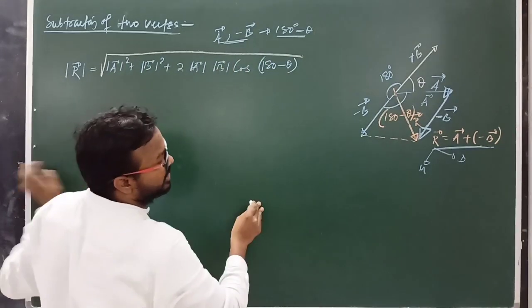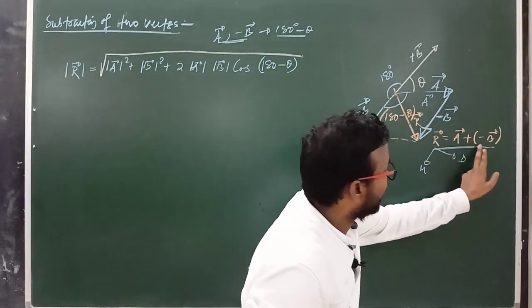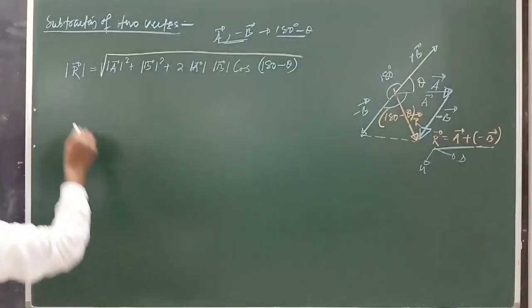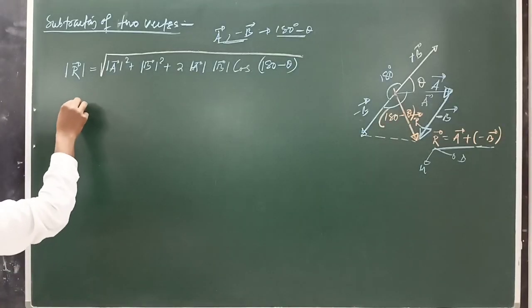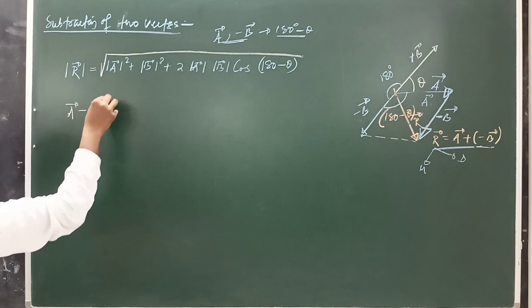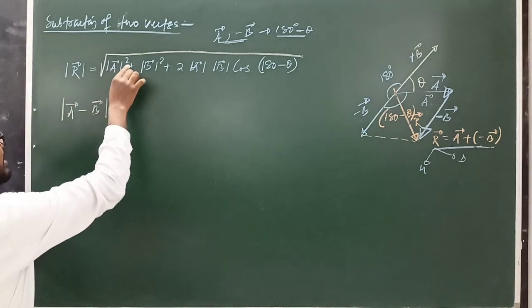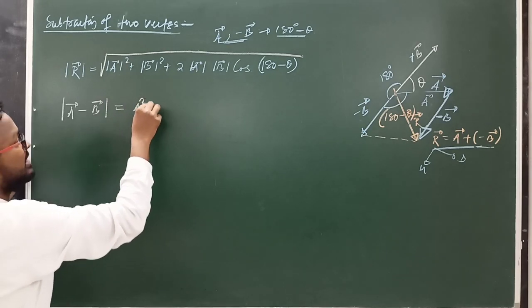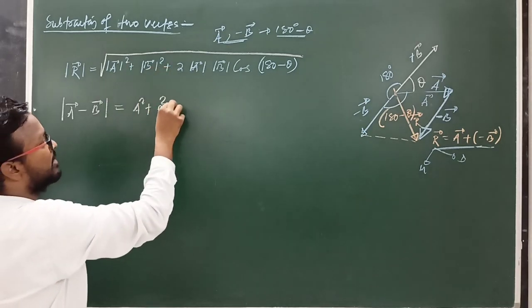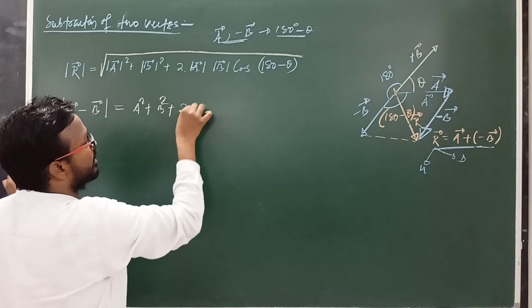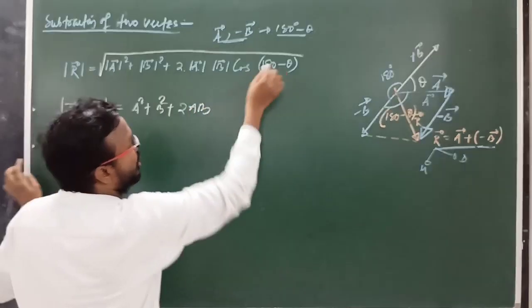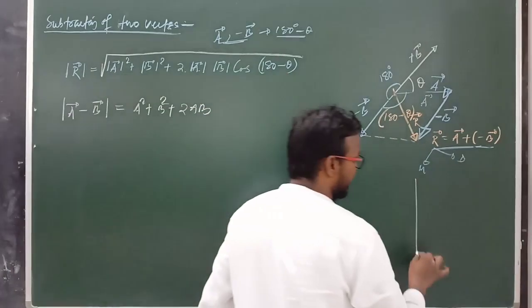And what is R here? R is equal to a vector minus b vector. So we can write here a vector minus b vector magnitude, which is equal to a magnitude square, means a square, simply b magnitude square is b square, plus 2ab cos 180 minus theta.